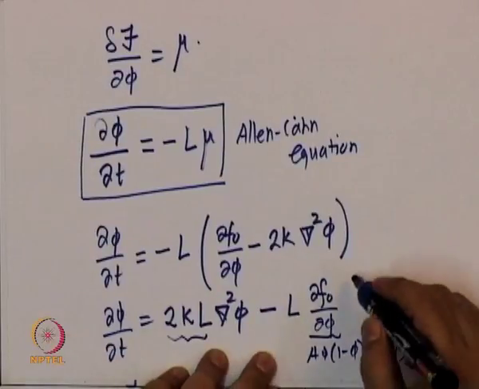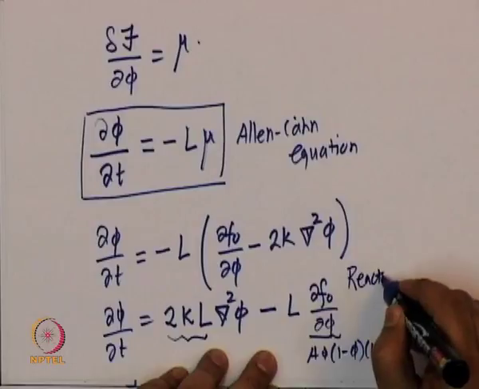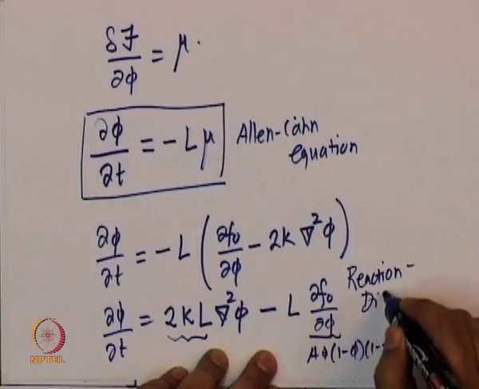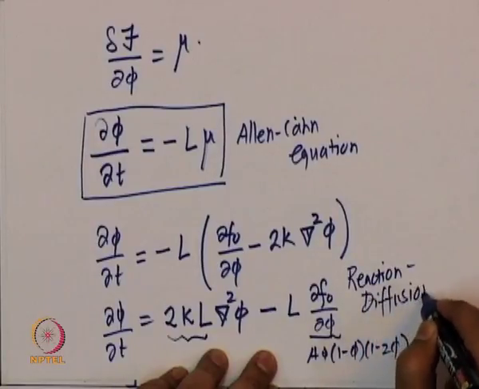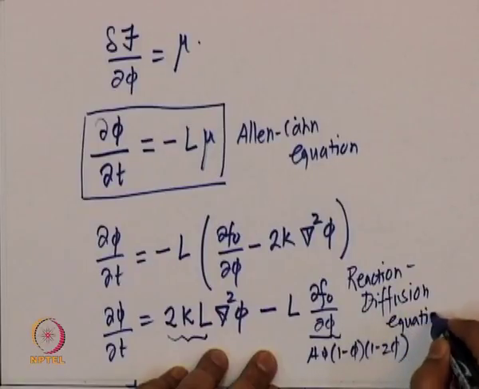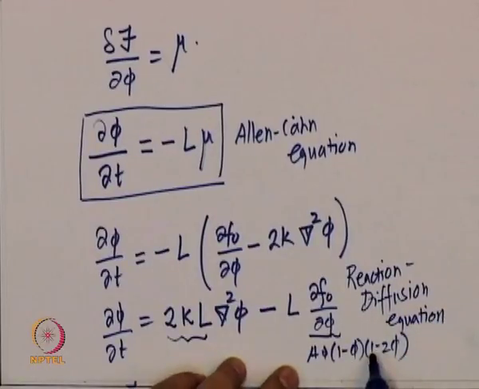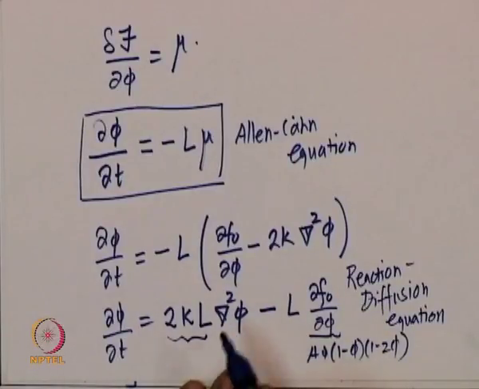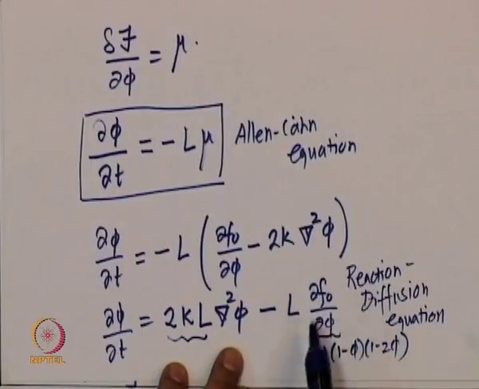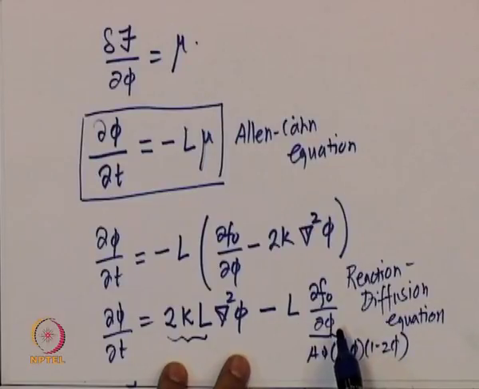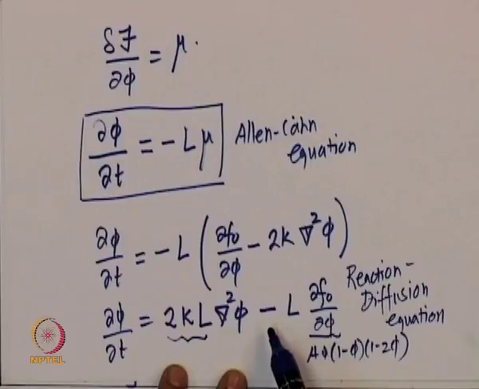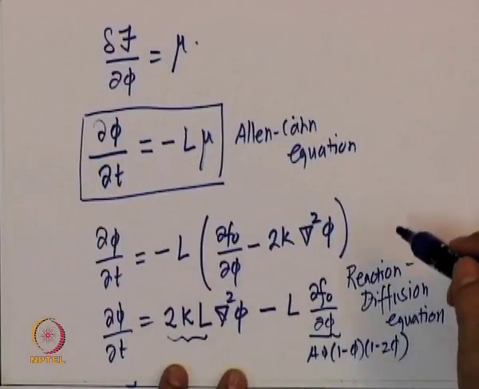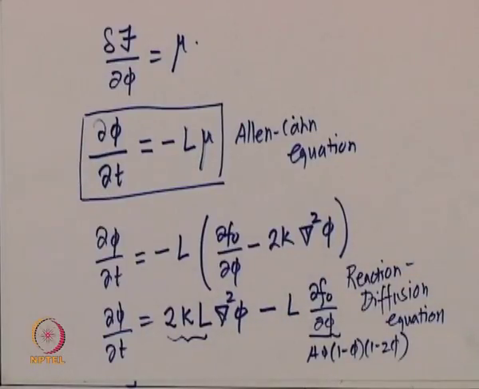So, this is also known as the reaction diffusion equation, because when you write the diffusion equation in cases where there are also reactions in which some species are formed or consumed, this is the type of diffusion equation that you would see. This is also a nonlinear diffusion equation, except that the nonlinearity is not in terms of del to the power 4 phi, but in terms of a polynomial that is added to this function. This now describes scenarios like the order-disorder transformation that we are looking at.